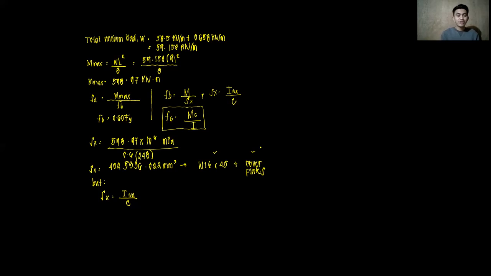All right. So let us determine I and A first. I and A is equal to Ix plus, sorry, that should be I now of your cover plates. Ix is already given, right?